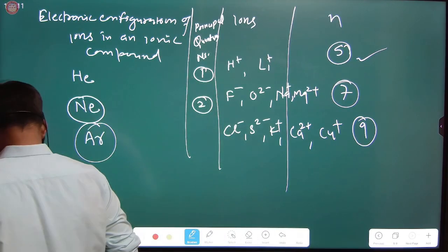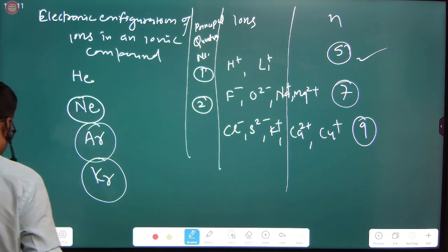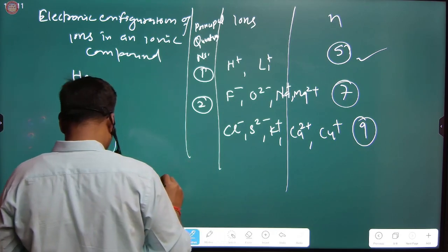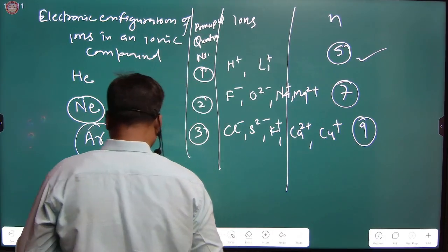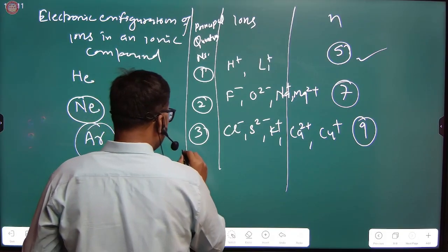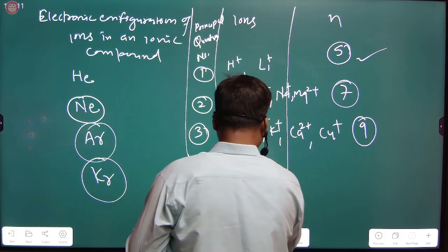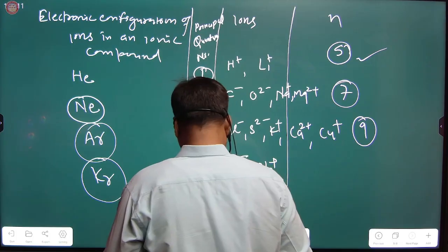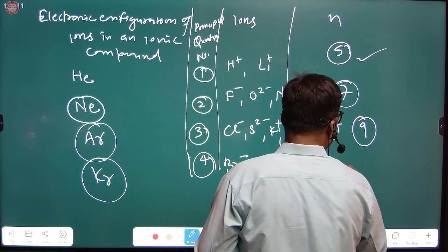And in the case of krypton-like electronic configuration, the principal quantum number is 4, and the examples include Br minus, Rb plus, Sr2 plus and silver plus.